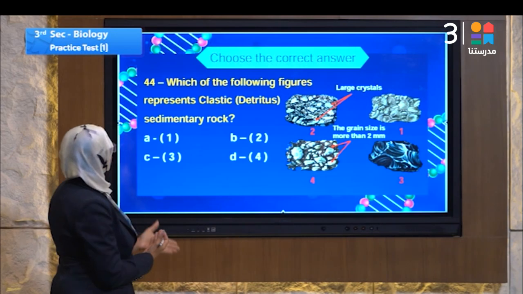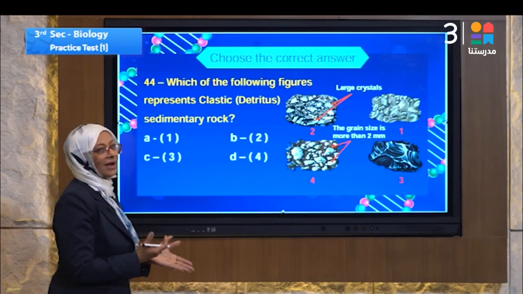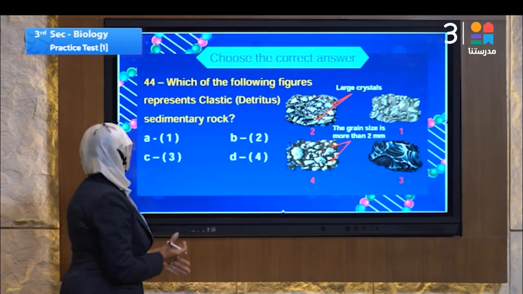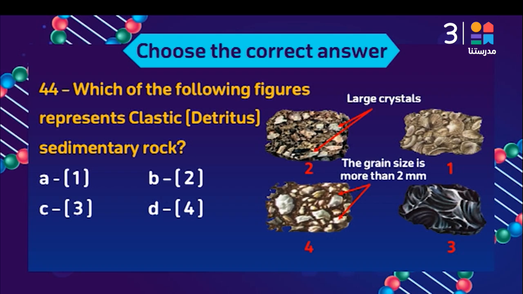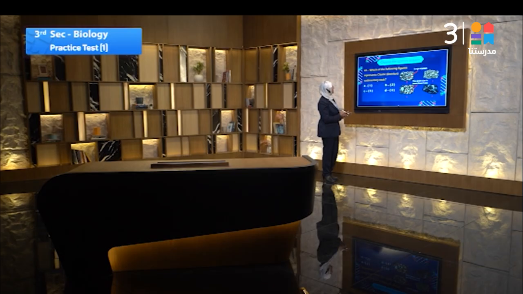Number 44, let's go again to earth science. Here we speak about which of the following represent calcitic detritus sediments. Which of them are calcitic sedimentary rocks?